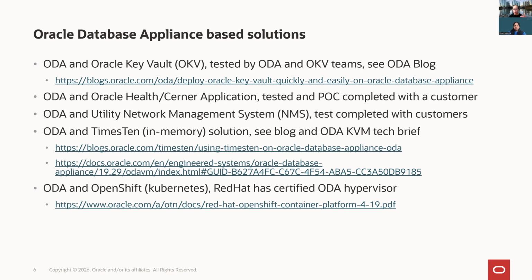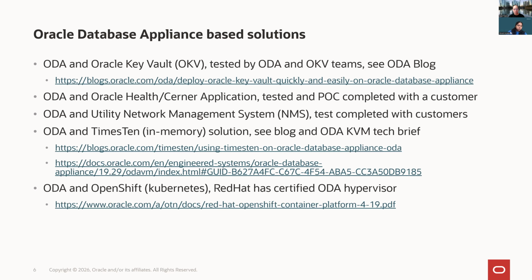So there are customers that are running a combination of the database appliance with the database as well as some of these applications. And then, of course, earlier we've done some tests with the TimesTen in-memory solutions. Again, this one we also published a technical paper and blog. So those are the links here.